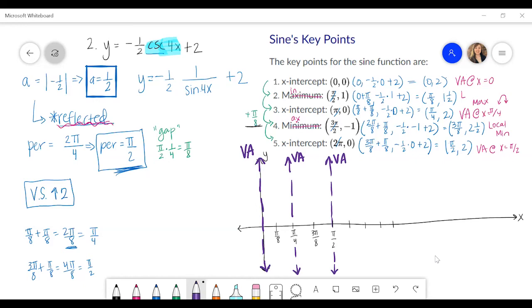So each of these are x-intercepts, but that's kind of their original location. We've actually shifted everything up 2 units. So call that 2, call that 3, and that would make this 2.5 and 1.5, which we are using for this graph.